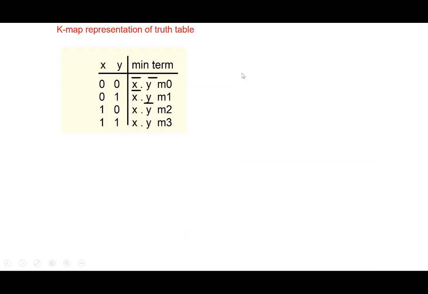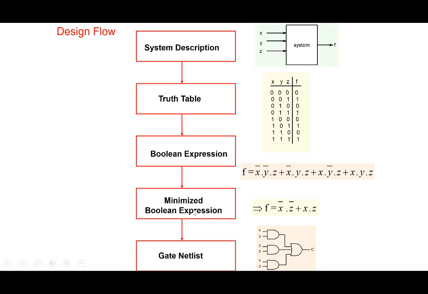All right, so we saw earlier that minimization is a very important step here. So the Boolean expression that we get from the truth table is not the simplest possible expression that we can get here. And one should not directly take the Boolean expression and map it onto the gates here, because then the circuit would be unnecessarily complex.